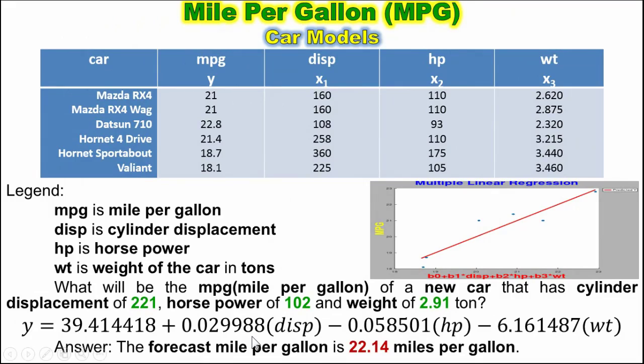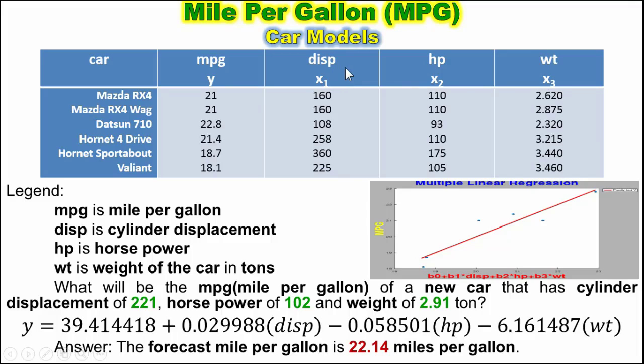The best way to understand multiple linear regression is to study this example, mile per gallon. The mile per gallon is the amount of gasoline or diesel consumed by the car in miles per gallon. The table shows the different car models with their miles per gallon, cylinder displacement, horsepower, and weight.